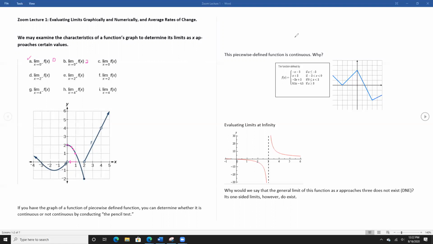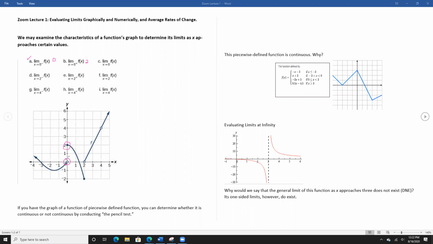Let's look at part C. Part C does not have a minus sign nor a plus sign, so this means in general, as x approaches 0 from both directions, what is the limit? Well, coming in from the left side, we hit 0 for the limit, and as we approach from the right side, the limit is 2.